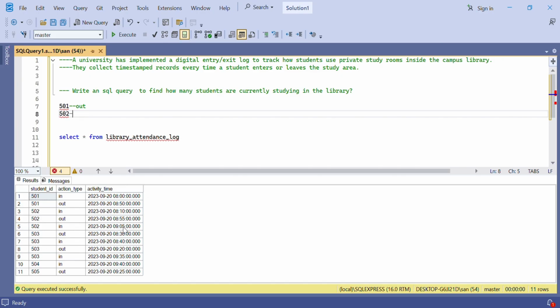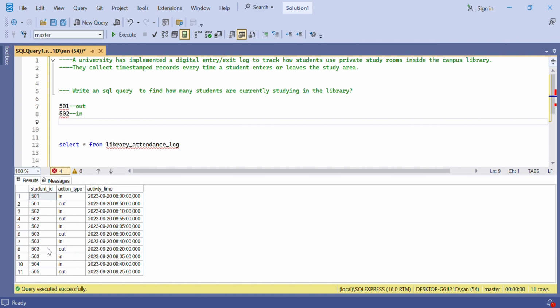So student 502 is in the library. Then student 503: he moved out of the library at around 8:30, and then he enters the library around 8:40. He moved outside the library again at 9:20, and he enters the library around 9:30, 9:35, and then he didn't move.